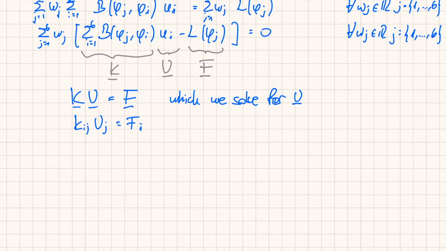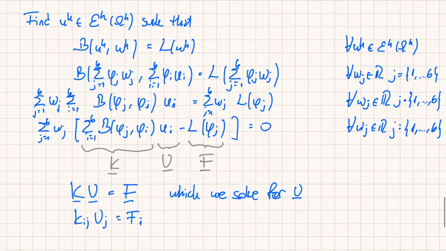So it doesn't matter if you have a 1, 2 or 3-dimensional problem in heat conduction, you're always going to have a size of your system that is equal to the number of nodes.